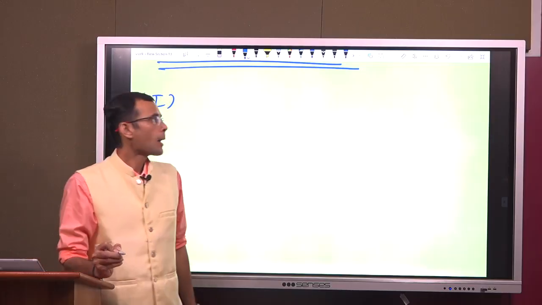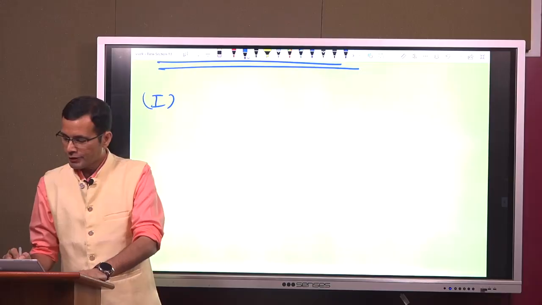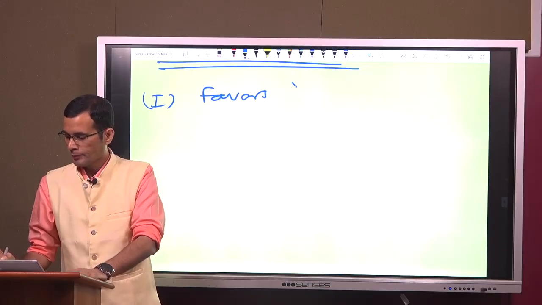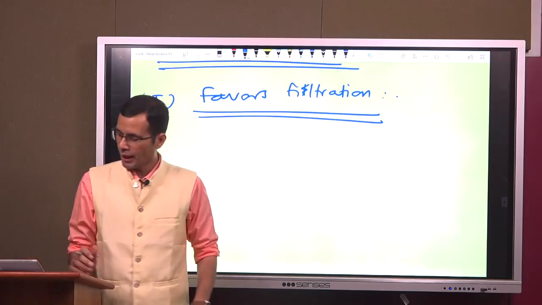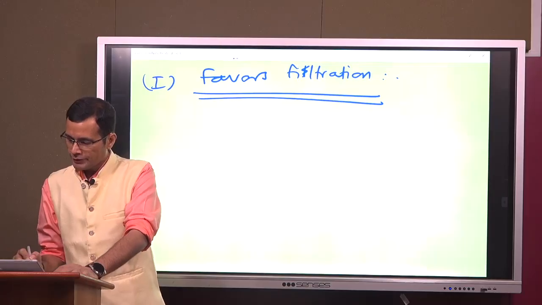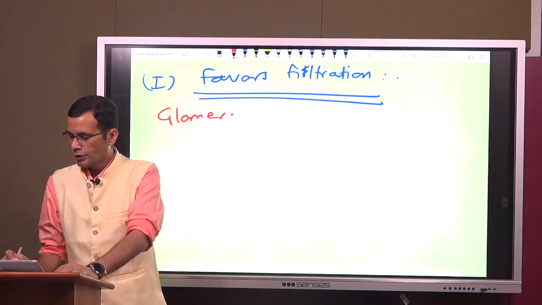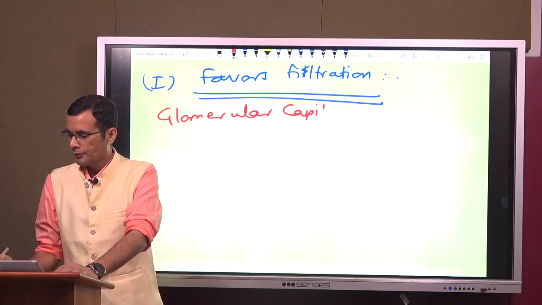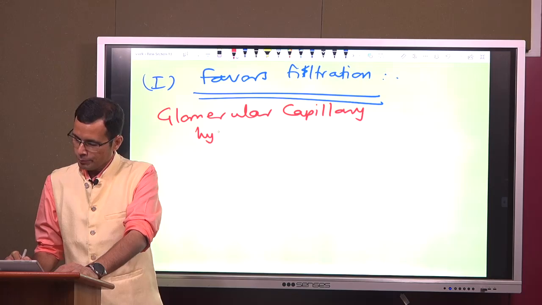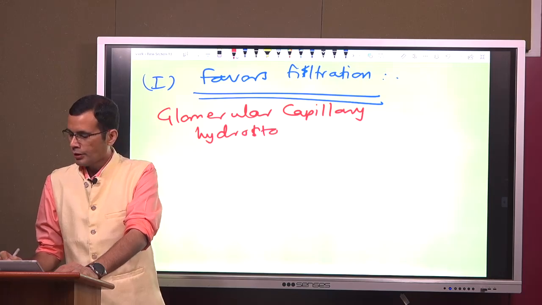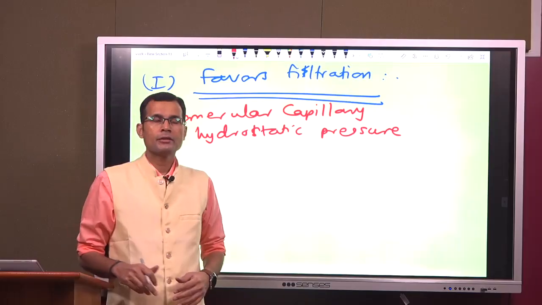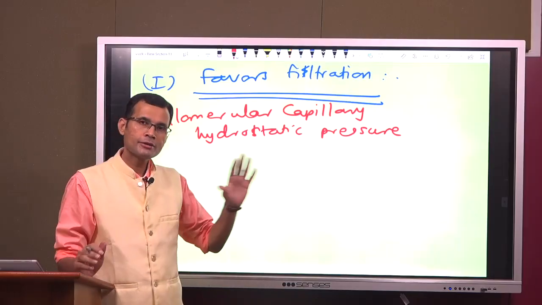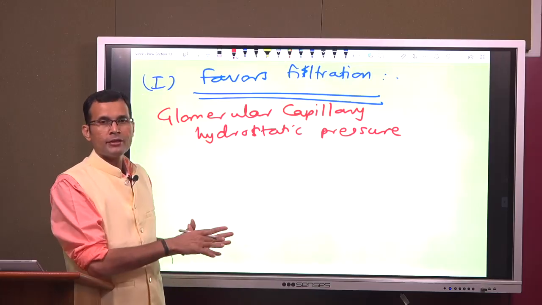There is one force that favors the filtration at the glomerular capillaries, and it is glomerular capillary hydrostatic pressure. If you remember from the CVS chapter, you must refer to it because we have done this there in detail.